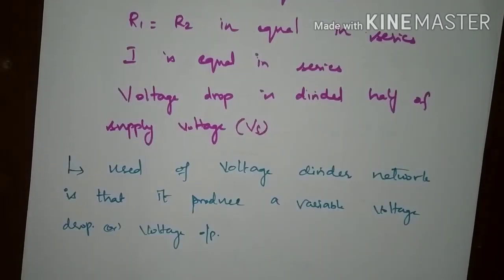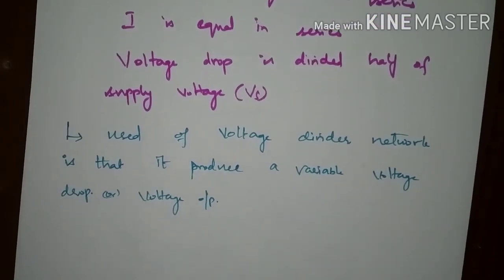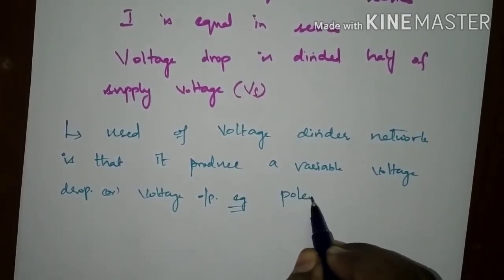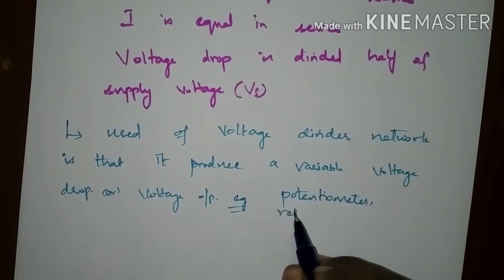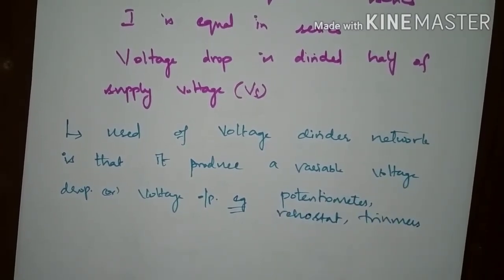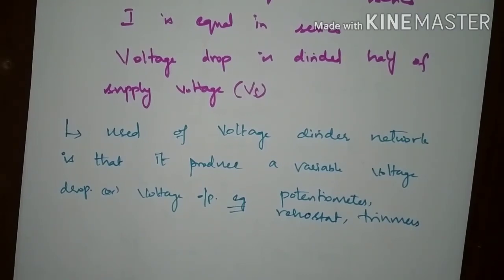Examples of variable voltage dividers are the potentiometer, rheostat, and trimmer.